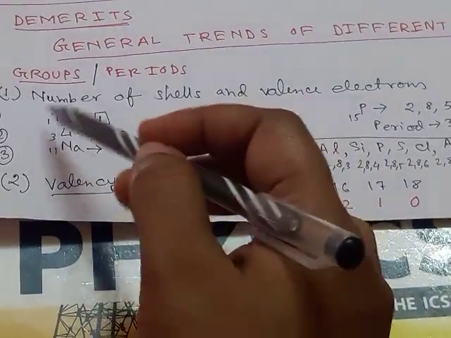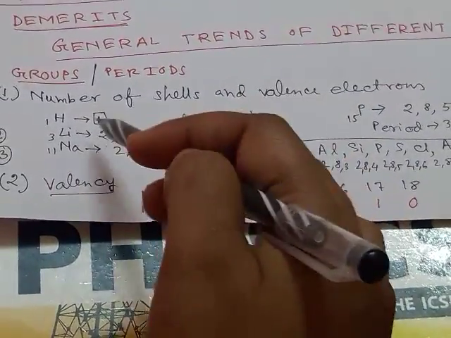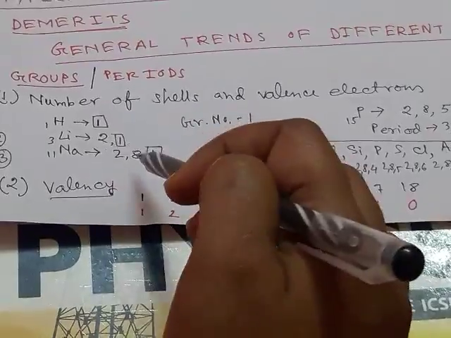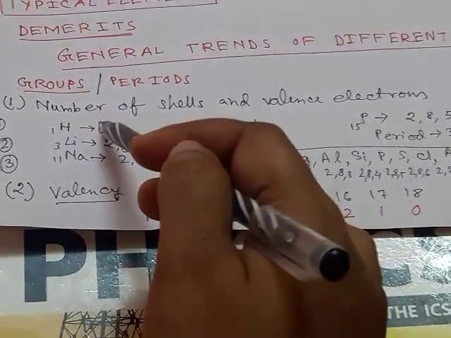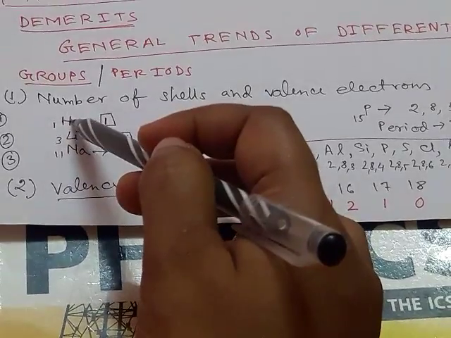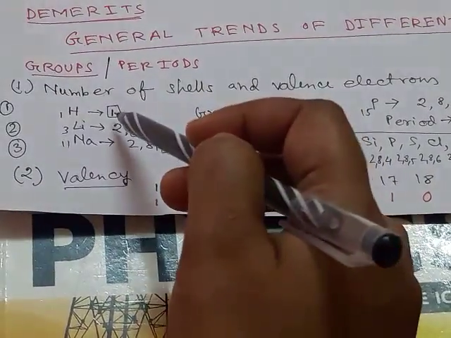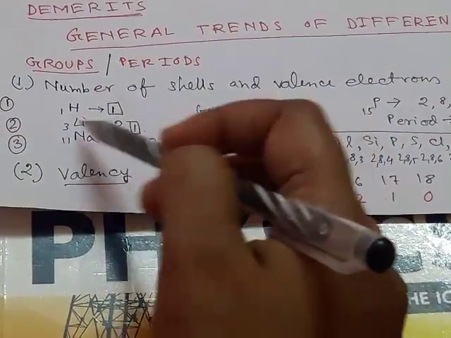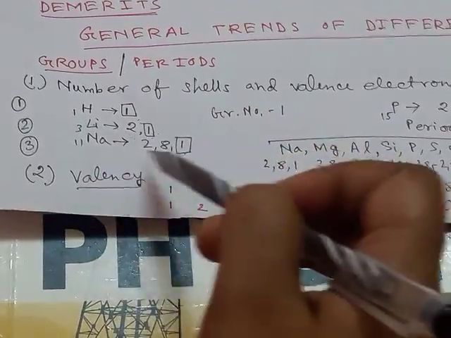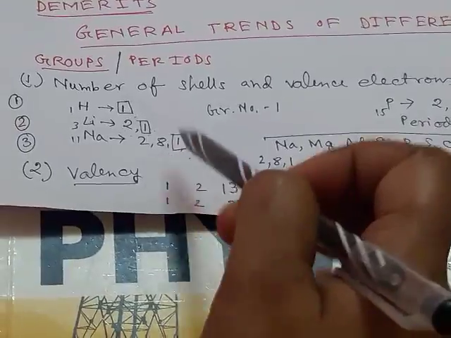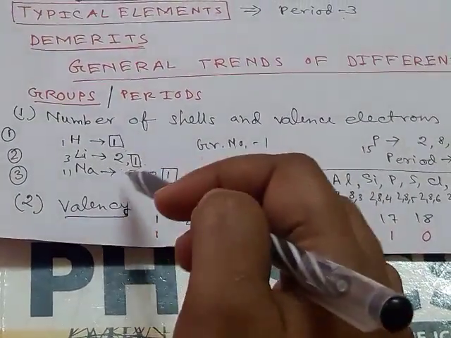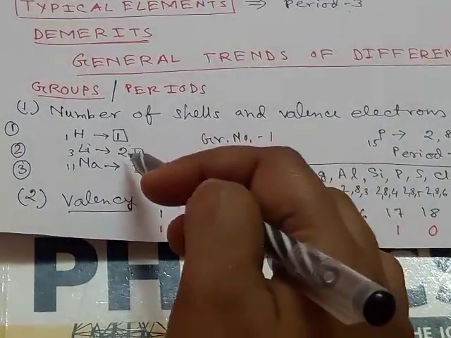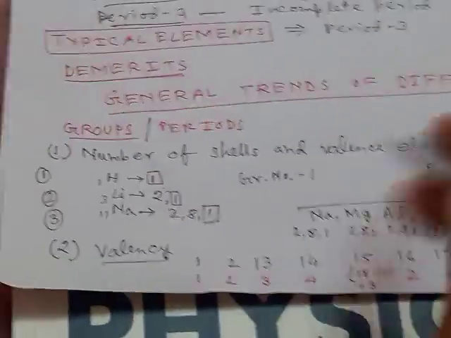So all the elements of the same group have an identical number of valence electrons, but the number of shells increases as we move down the group. For hydrogen there is 1 shell, for lithium 2 shells, for sodium 3 shells. So the number of shells increases one by one, but valence electrons remain the same.